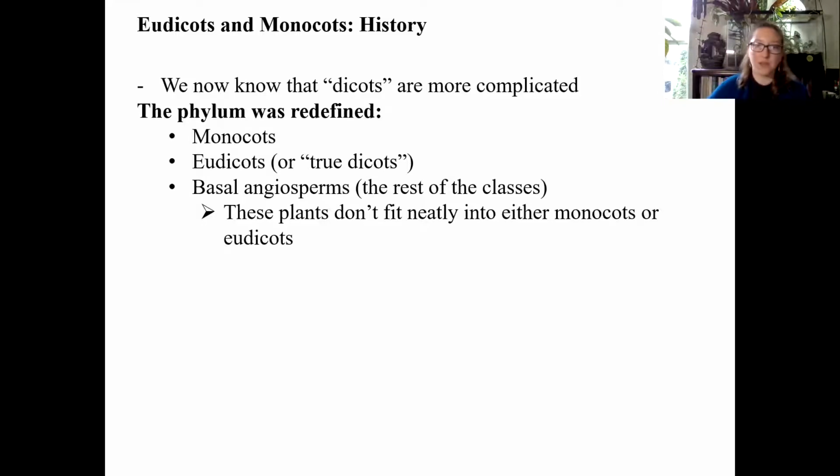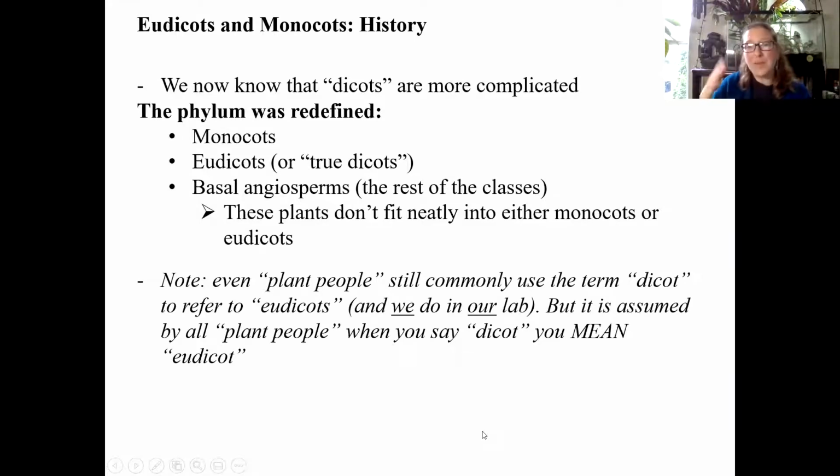So it's just like everything else, and those don't really fit neatly into either the monocots or the eudicots. I don't know if you ever watched Gilligan's Island, but it was like, and his wife, the movie star, and the rest. The basal angiosperms are kind of like, and the rest. Not monocot and not eudicot.